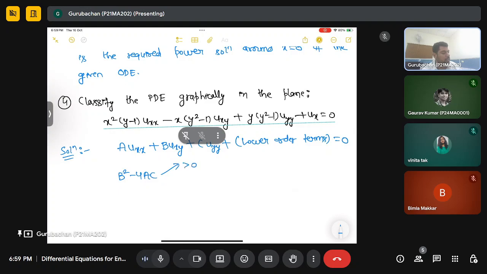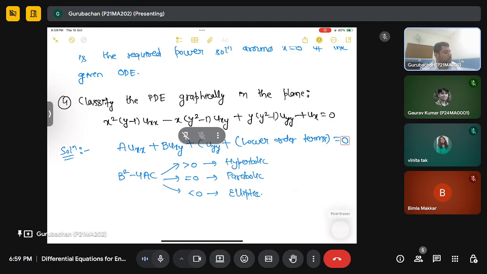If it is greater than 0, that means PDE is hyperbolic. If this is equal to 0, that means PDE is parabolic. If this is less than 0, that means PDE is elliptic.